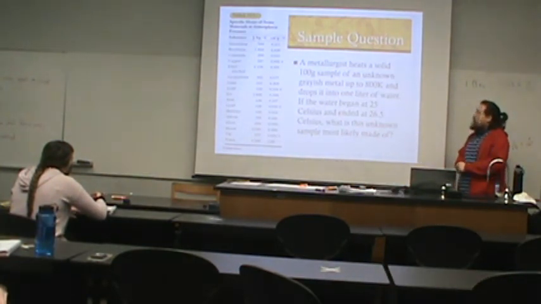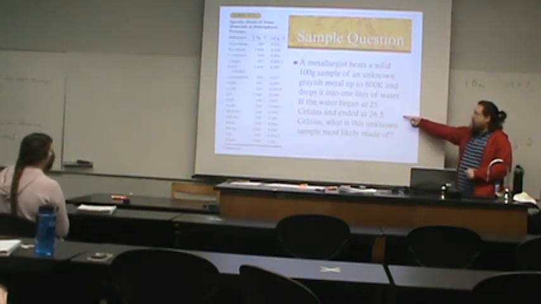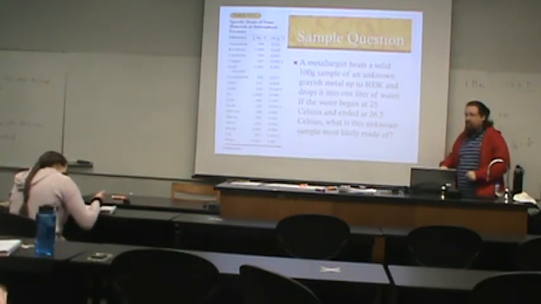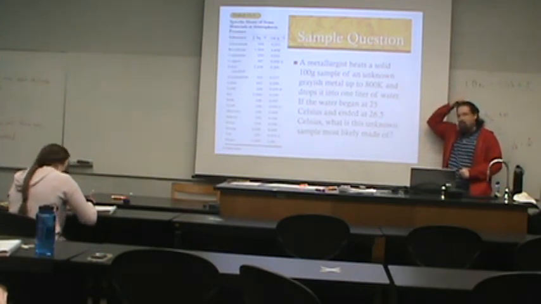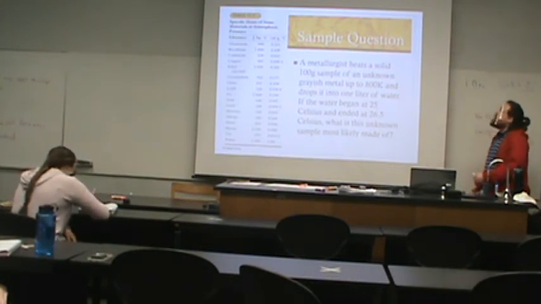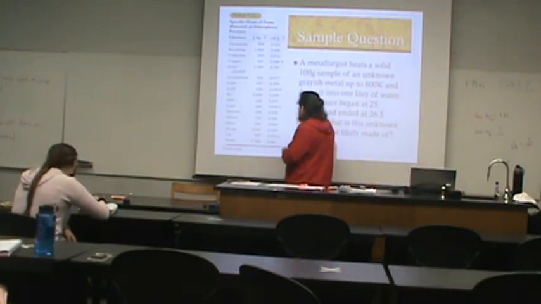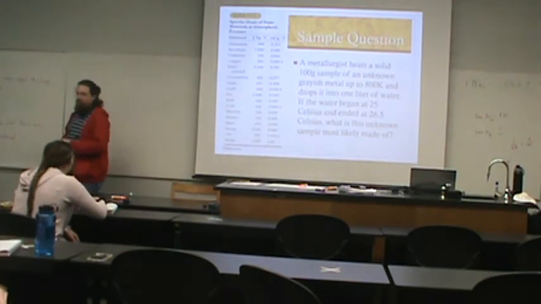They know the temperature the water was before they dropped it in, and then they measure the temperature that both the water and the metal are at afterwards. So this is the final temperature for both things. They've reached thermal equilibrium. We are asked, what is the gray metal most likely made of?